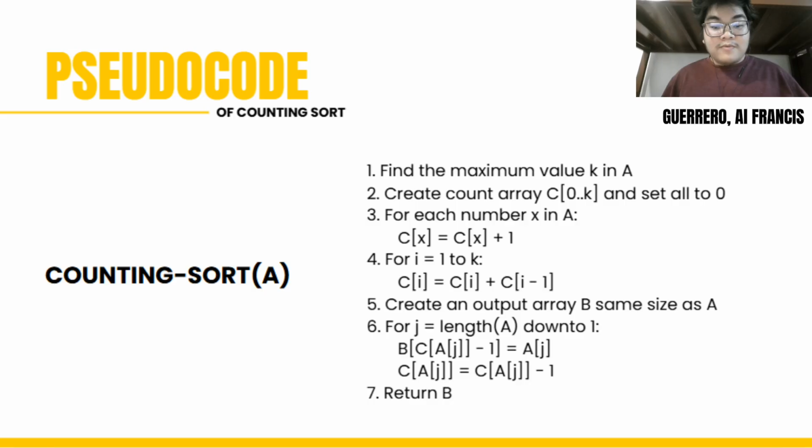In statement 6, we iterate through array B in reverse order with j as a starting point until we reach 1. So in the first line of code, we transfer the elements of array A to array B by setting the index of array B as the value of the element in array C minus 1 with the index of the element value in array A. Then we decrease the value in array C by 1. In statement 7, we print out the sorted array in array B.